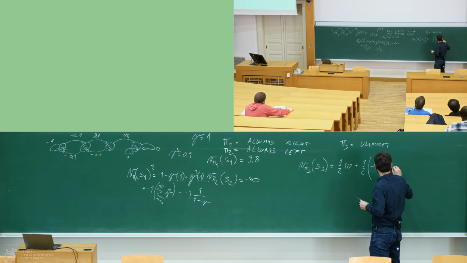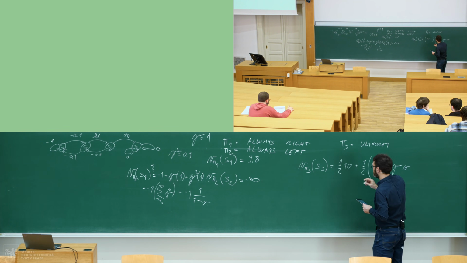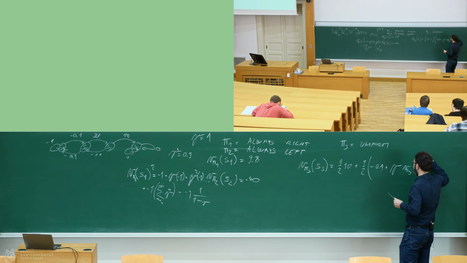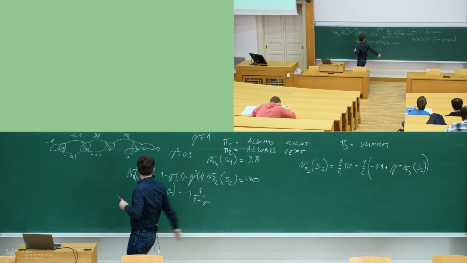And then plus gamma times value function for pi3 in state S2. Right? Because the value function is what happens if you are in that state and you follow the policy pi forever. What is the expected value?